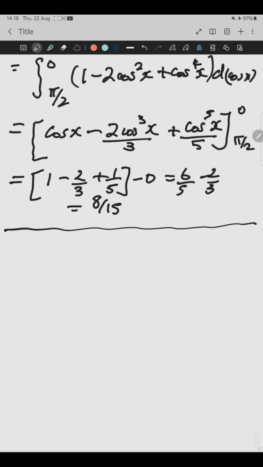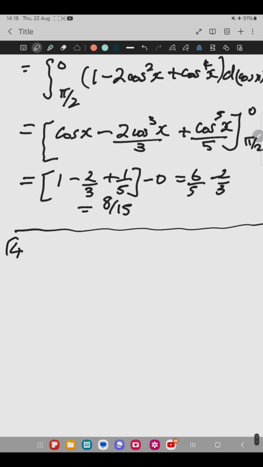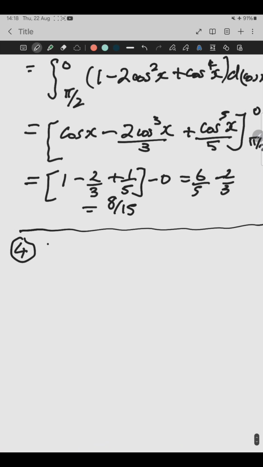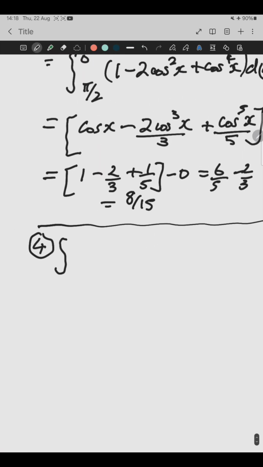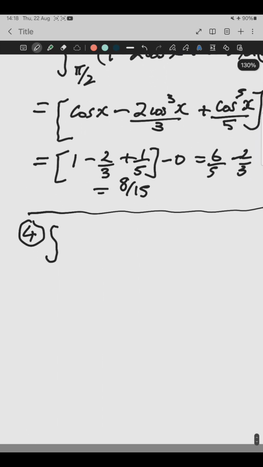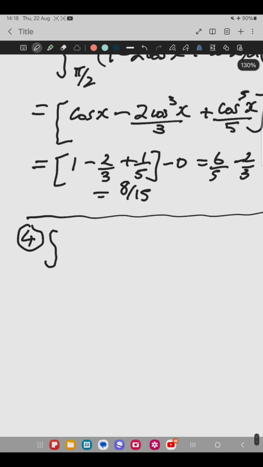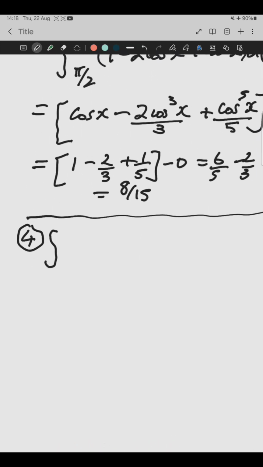Go on to number 4. This time we want the integral of, again, a definite integral of x squared log n of x.